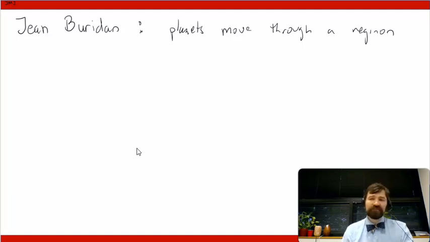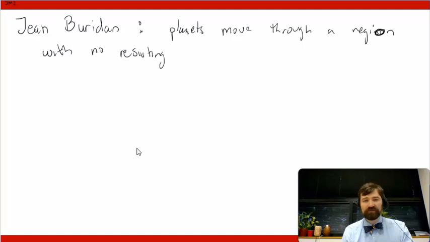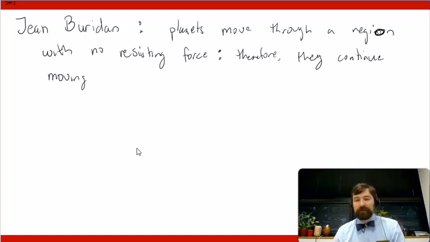I believe maybe he said something more along the lines of a region of space where there's no retarding force or no resisting force, and so therefore they continue in their motion unimpeded.